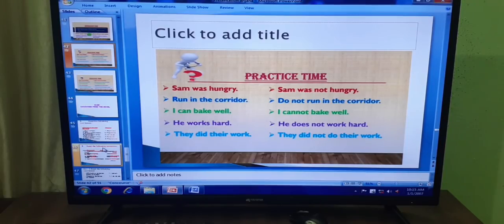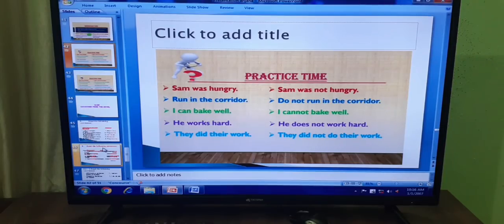The next sentence, in the affirmative sentence, I have written for you, he works hard. This is a simple present tense. And when we change it into the negative sentence, he does not work hard. Now, the next sentence is, they did their work.